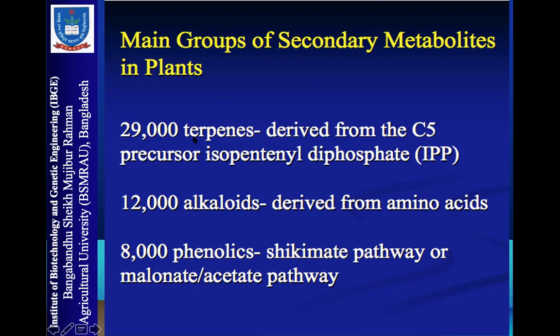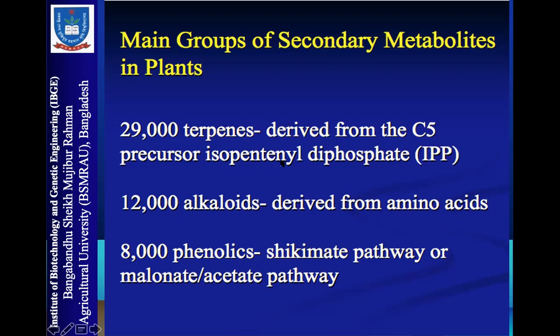Among the secondary metabolites, there are several groups. We can primarily divide them into terpenes, the largest group, and then alkaloids. Terpenes are derived from the C5 precursor isopentenyl diphosphate, IPP, synthesized from acetyl-CoA in the metabolic pathway.